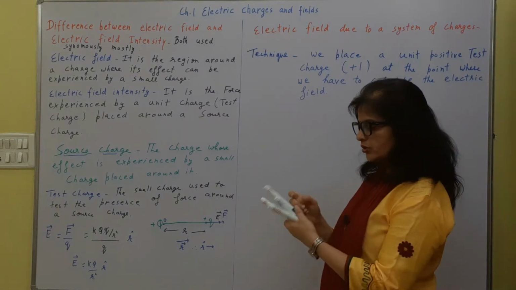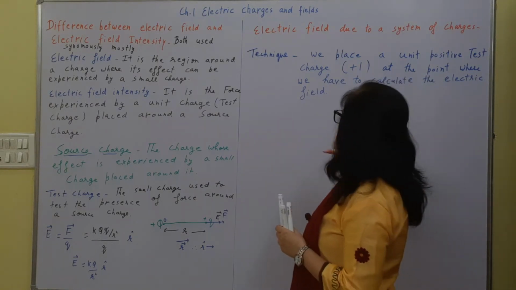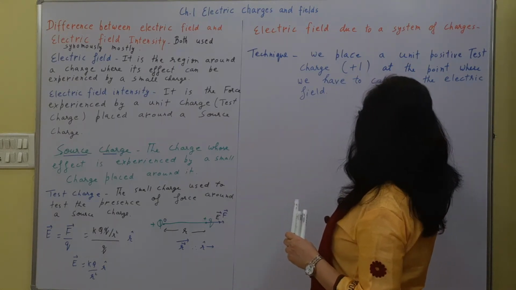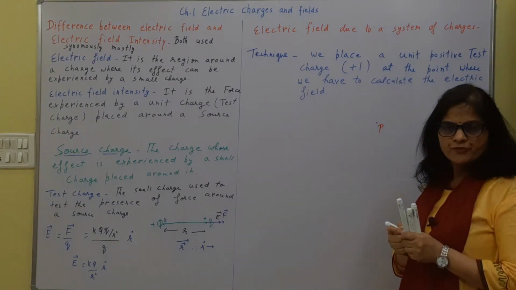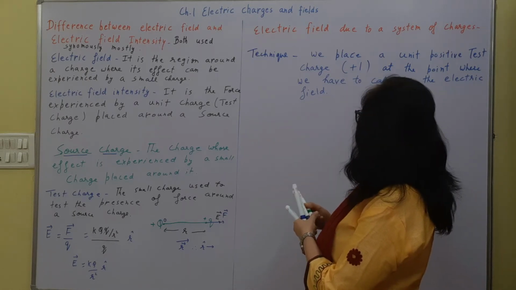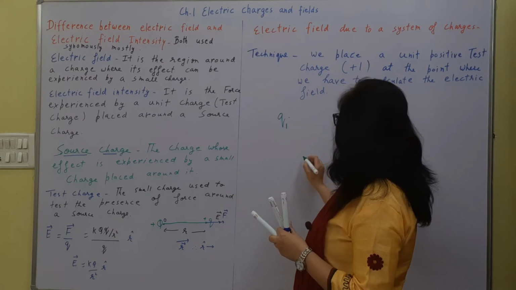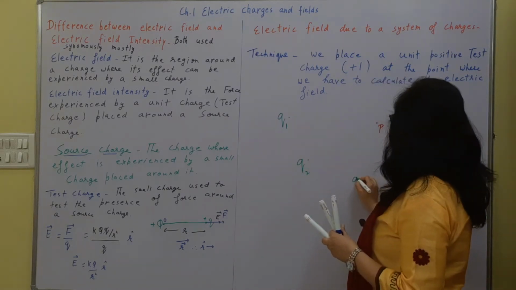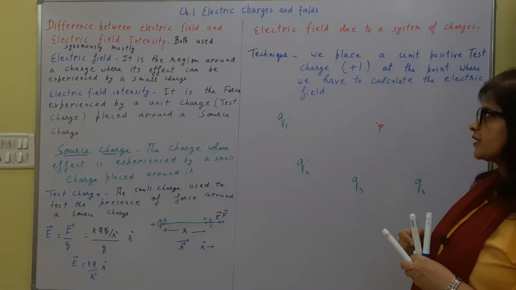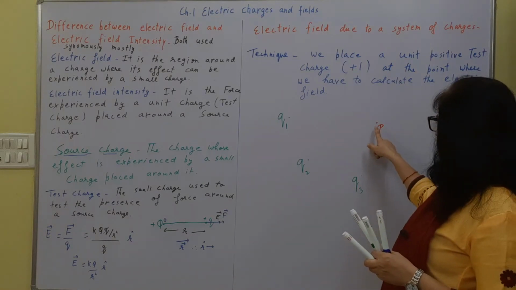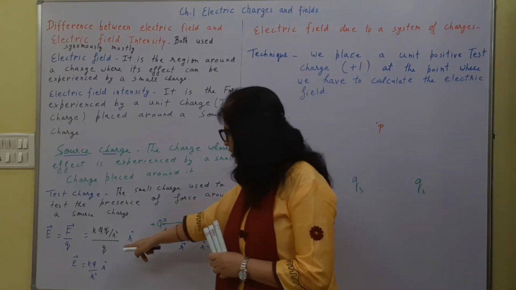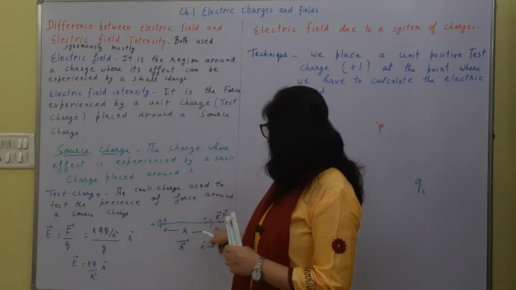So, let us say for example, I have to find the electric field at this point P due to a system of charges, and those charges are, suppose, Q1, Q2, Q3 and so on up to Qn, right? As I told you, by convention, wherever I want to find the electric field, I will place plus 1 charge over there, because in this formula also we can find the force between a unit charge and this charge.